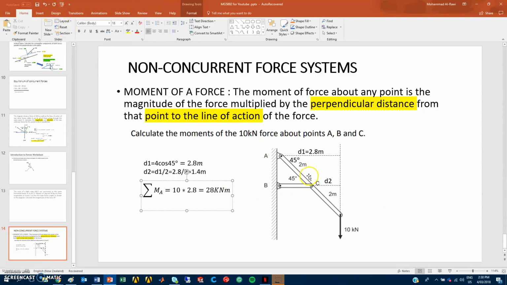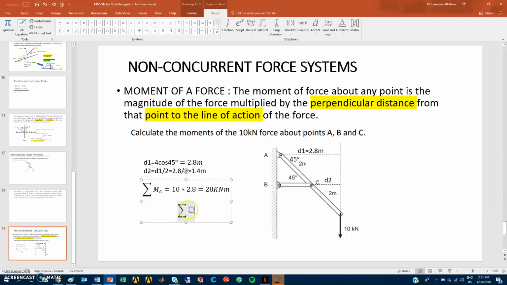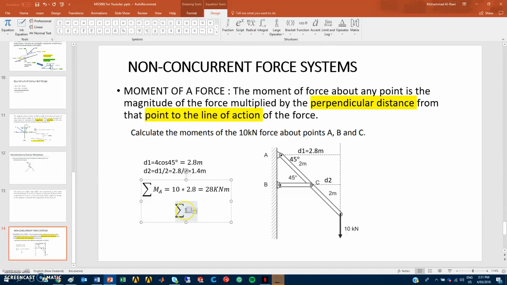Now, if we do the same step for finding the moment, we repeat it about point B. What do you think the difference is between A and B? If you look carefully, the distance from that point to that point is still equal to D1. Therefore, I will write the moment in an equation to make it easy for you to see, but in the future you don't really need to show all these things, because you can just say they are equal because they have the same distance.